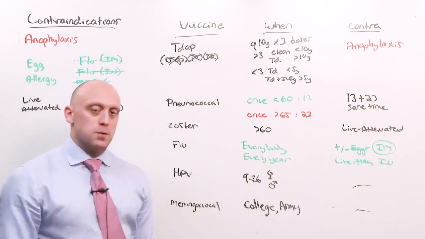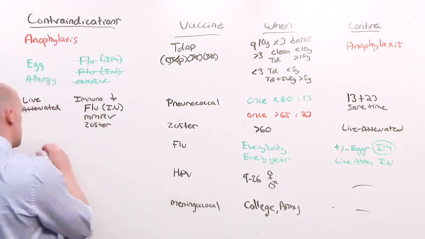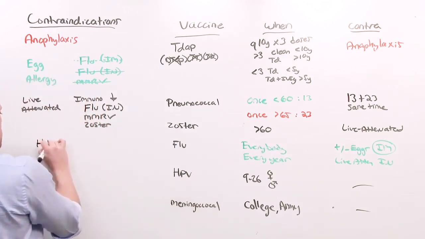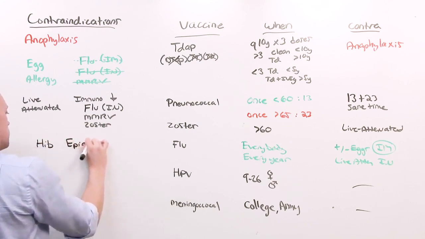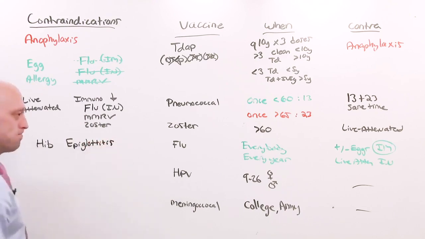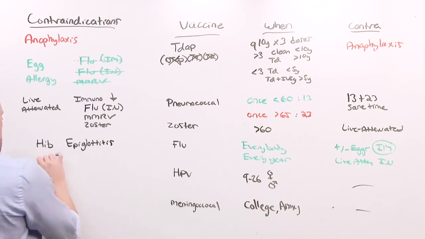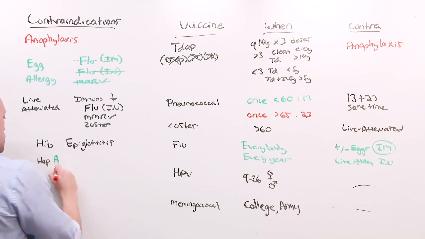I do want to revisit some of the pediatric vaccines just in case you hadn't watched that lecture yet, to emphasize a few points. Hib causes epiglottitis. If you give the vaccine, kids don't die of epiglottitis. Give the Hib vaccine. Hep A and Hep B vaccines, everybody should get.